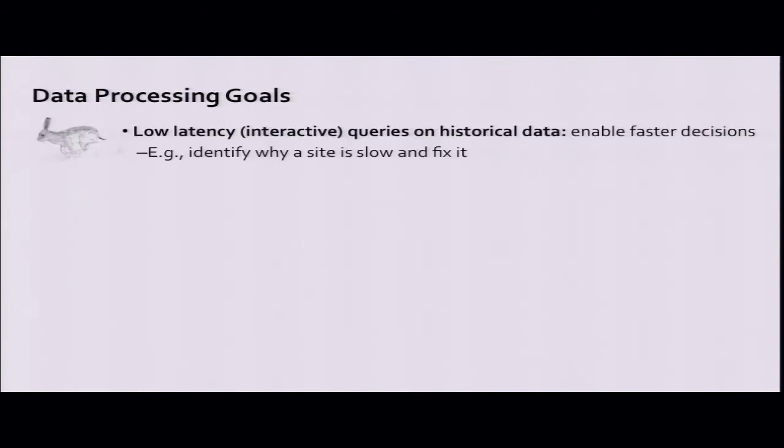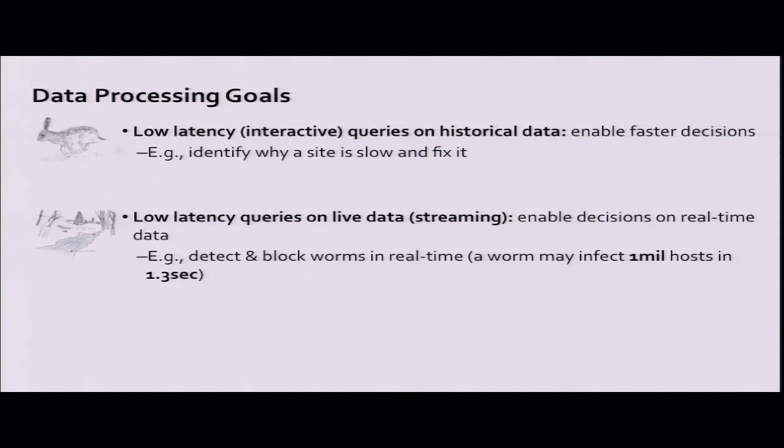Then what are the data processing goals? Well, you want low latency to support interactive queries on historical data, because the faster you make a decision, in general, the better. You want low latency not only on historical data, but also on live data, because many times a decision you make on fresh data is better than a decision you make on stale data.